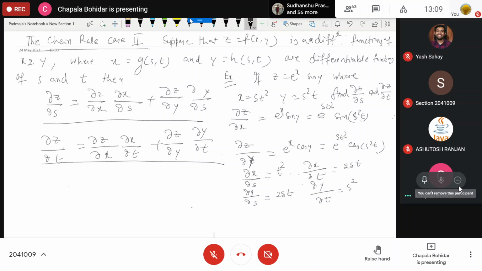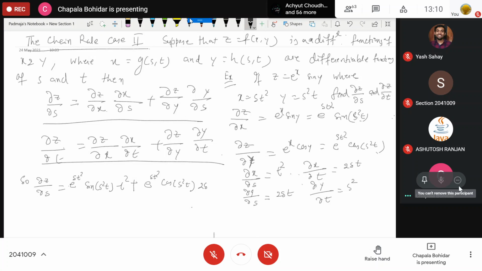So del z by del s is equal to e to the power s t square sin s square t times del x by del s, that is t square, plus del z by del y, which is e to the power s t square cos s square t, times del y by del s, 2st.